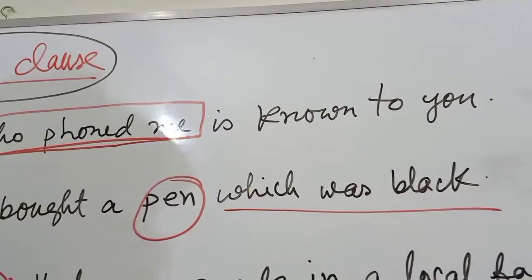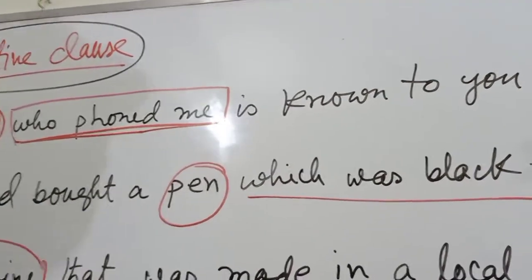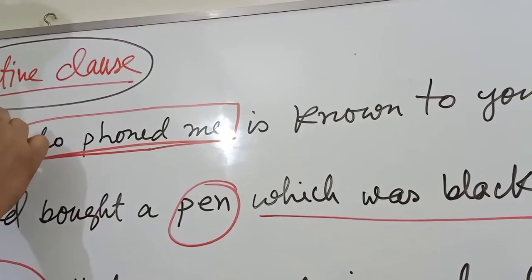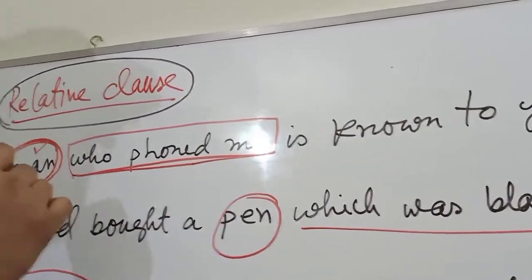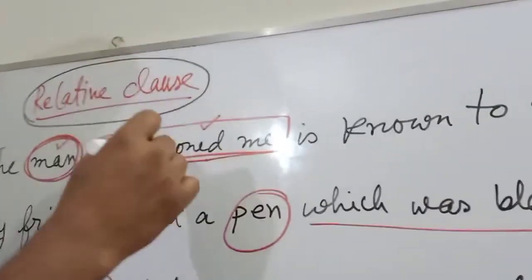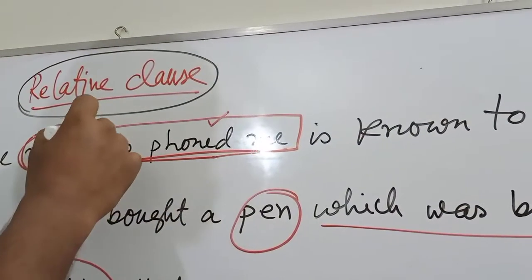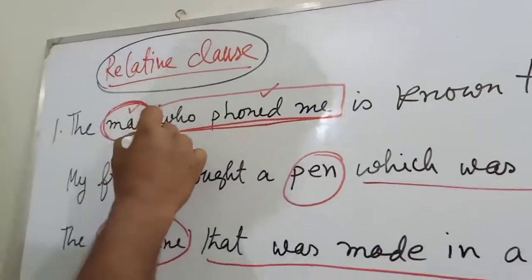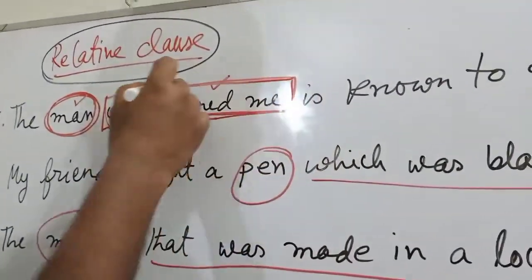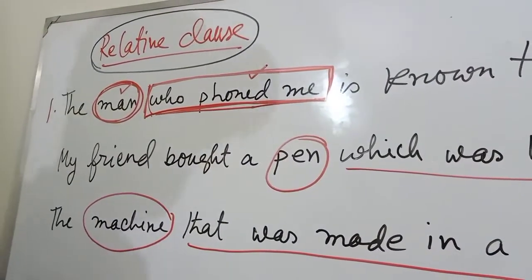This relative clause is giving extra information about the man. Which man? The man who phoned me. Giving extra information, this relative clause is used as post modifier.